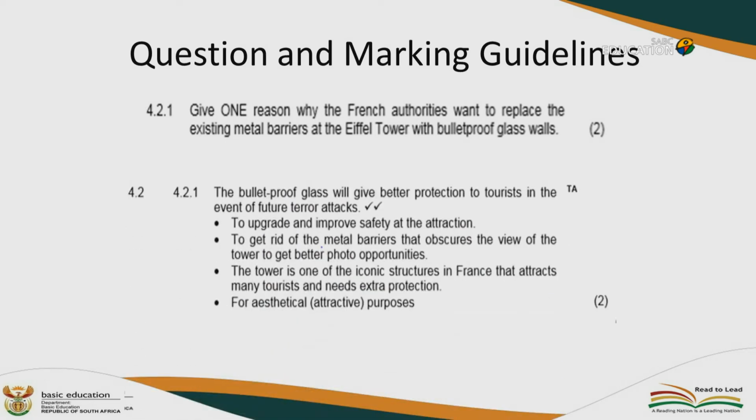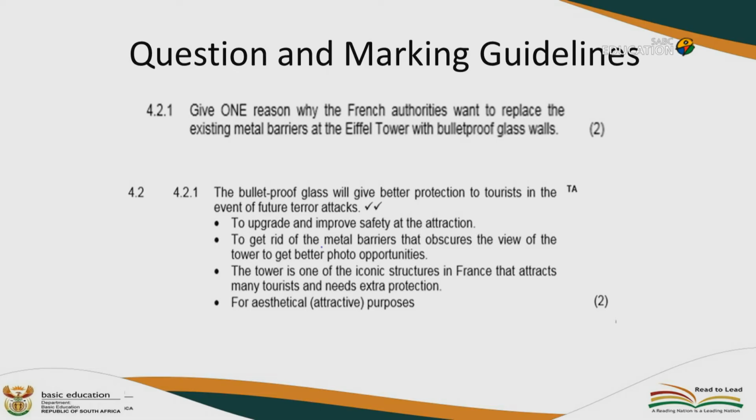The bulletproof glass will give better protection to tourists in the event of future terror attacks, or to upgrade and improve the safety and crime prevention at the attraction, to get rid of the metal barriers that obscure the view of the tower, to get better photo opportunities.